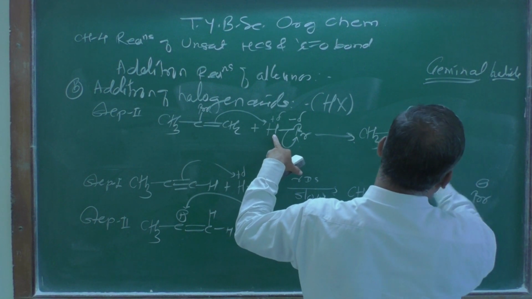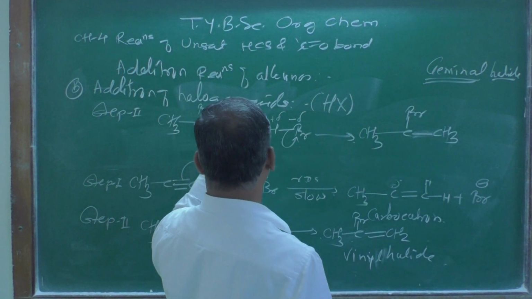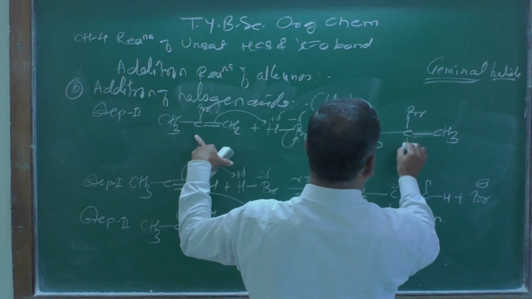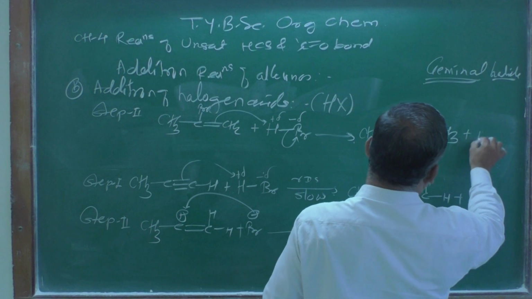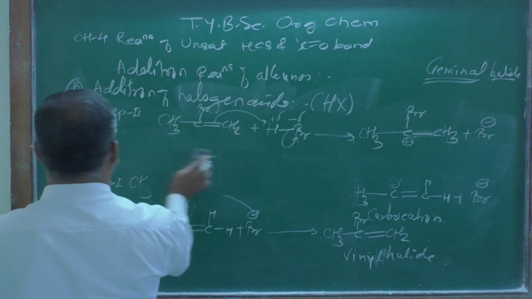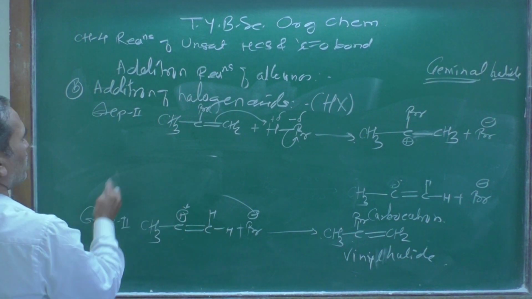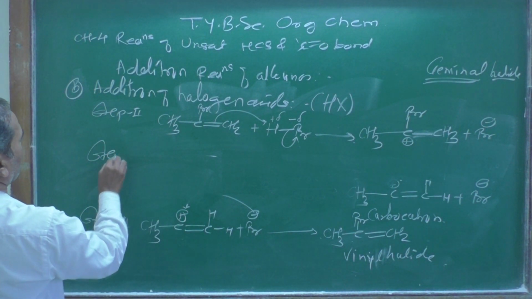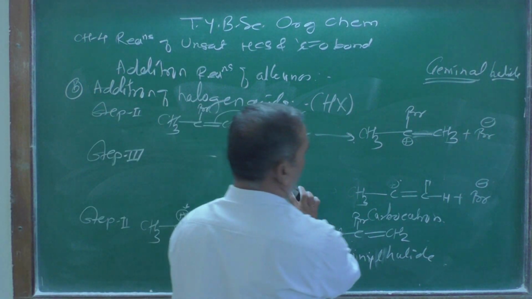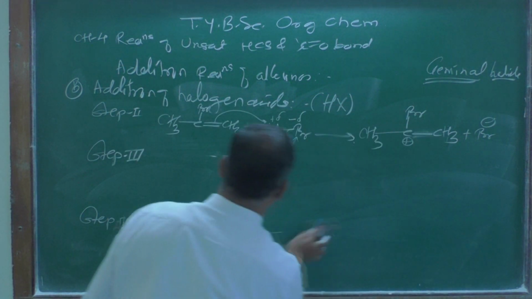I am writing it here only, you understood this one. And now when this double bond moves here, the positive charge comes on it, and Br minus as it is, right? And now in step number third, what is happening? Look at this mechanism carefully.